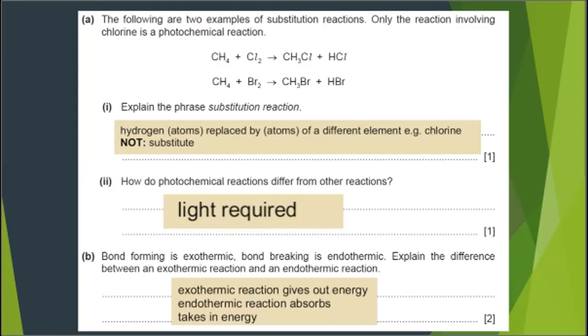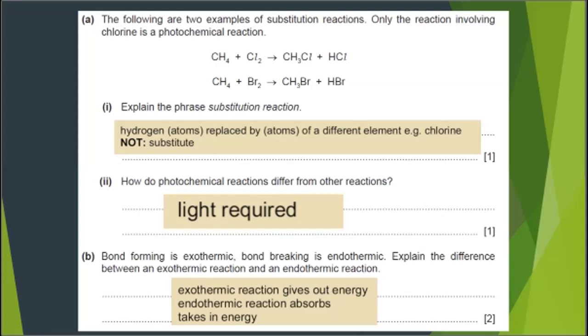Next question. How do photochemical reactions differ from other reactions? When we speak of photochemical reactions, these reactions require light energy, right? Photochemical reactions require light energy. Next part of the question: bond forming is exothermic, bond breaking is endothermic.